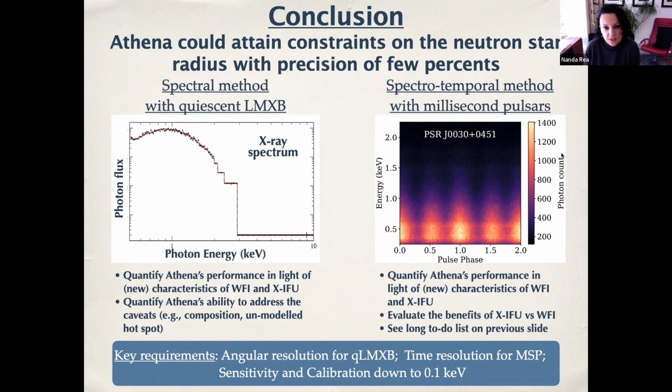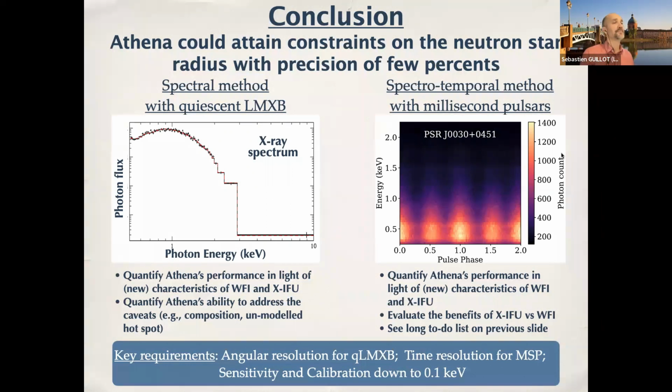Although this was not measured yet, probably because of the disappearance of one of the pulsars for several reasons. So do you think that those two methods in the next 20 years are the most compelling and the only compelling ones to measure the radius of neutron stars? Is there something else you would think of?